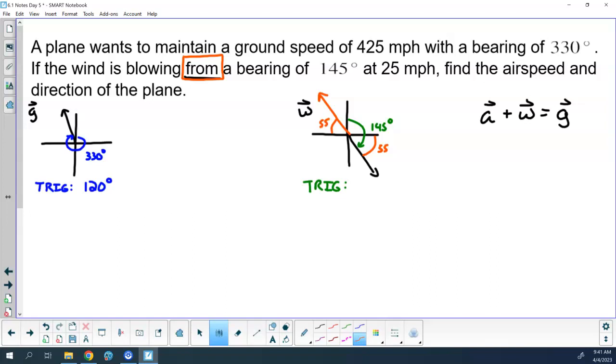That angle right there is 55. So the trig angle would be 125, because it goes from here to there. Is the trig angle. Okay.